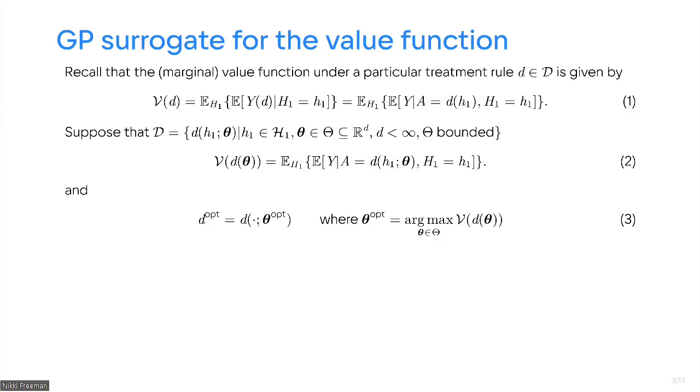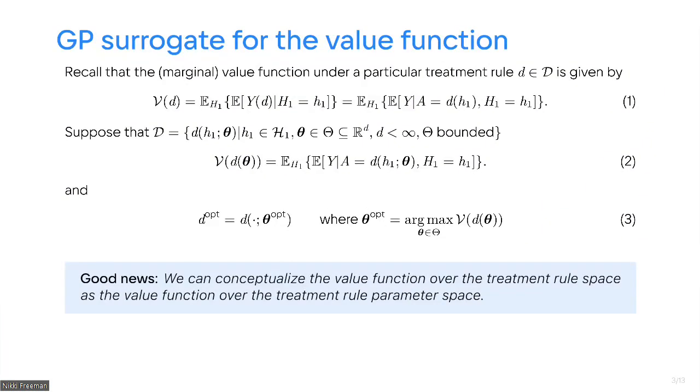The treatment rule is a function of theta. So if I wanted to optimize the value and find an optimal DTR, what I need to do is just find the theta that optimizes the value. That's what that last line is saying: when you've assumed that your rule has finite parameters like this and bounded, you just need to optimize the value function as a function of theta, because each of those thetas indexes a decision rule.